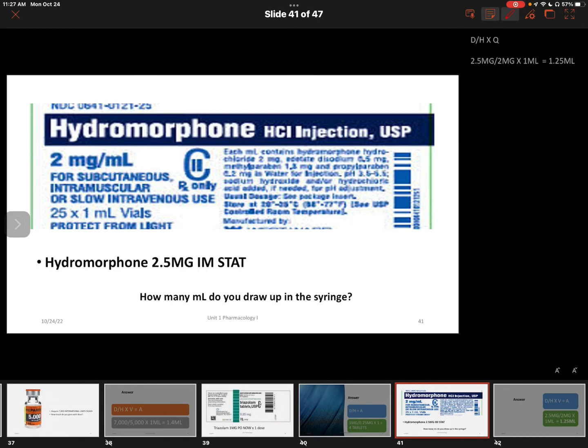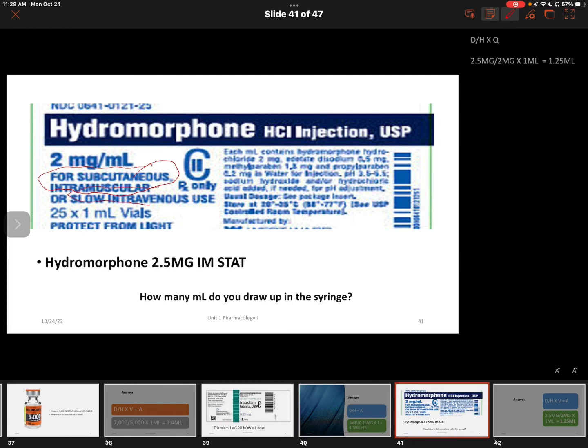Hydromorphone, 2 milligrams per 1 milliliter. The order says hydromorphone, 2.5 milligrams IM stat. How many milliliters do you drop in the syringe? So this is for subcutaneous or intramuscular injection.